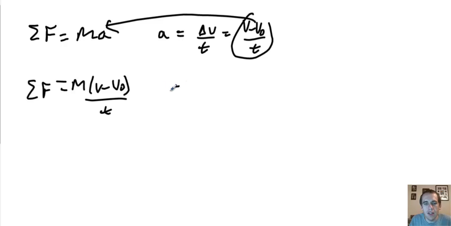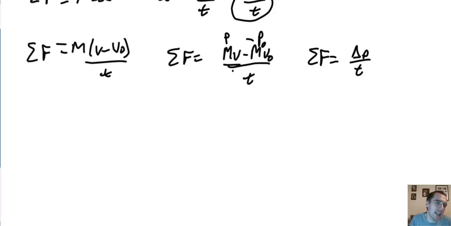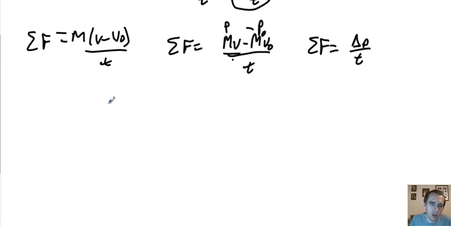Well, that means net force is equal to mv minus mv naught, all over time. Well, that is momentum, and this is initial momentum. So that tells us the net force acting on an object is equal to its change in momentum divided by time, which actually is a little bit counterintuitive, at least at first.